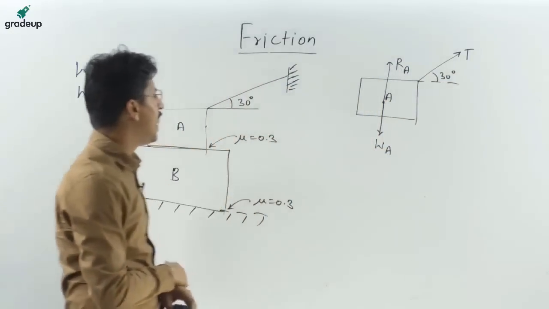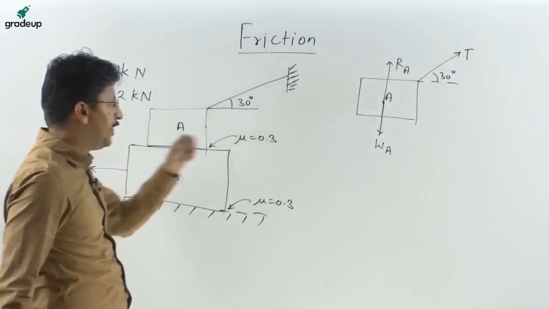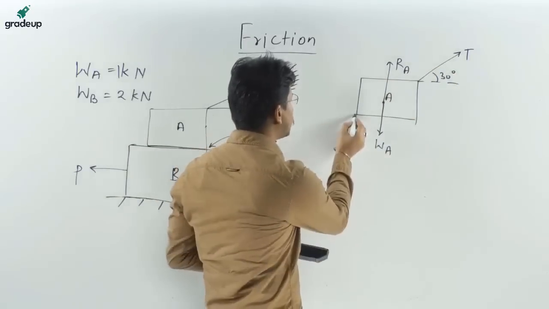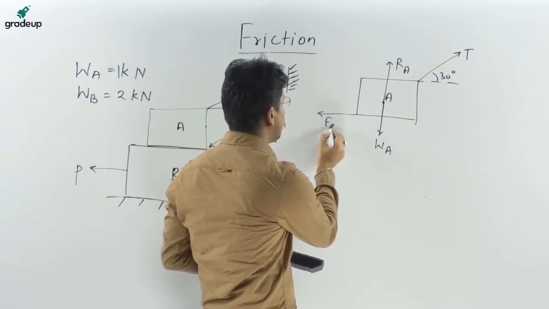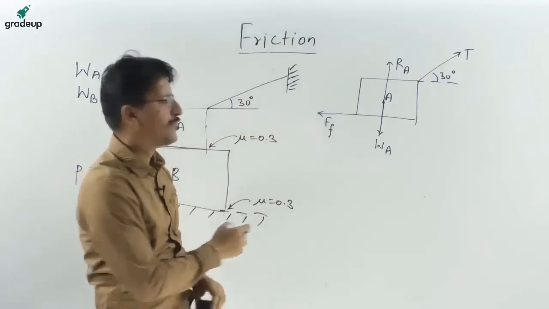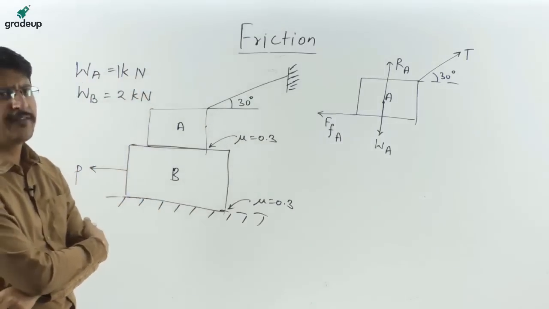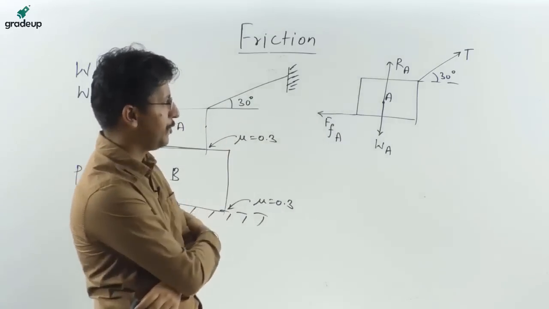If there is a tension T, the body will tend to move in that direction, so in this direction there will be a friction force FF of A. These are the forces that will be acting on the body A.